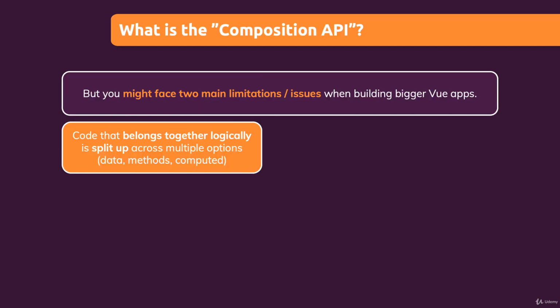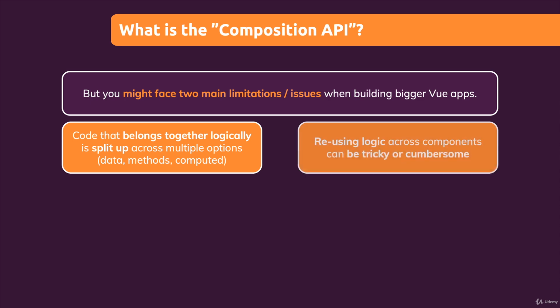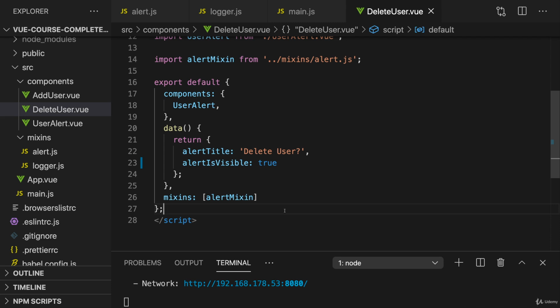And you might remember that in that last module, I already mentioned one possible downside you might face in bigger Vue apps when using the options API. So the way of building components with data, methods, computed, and watch, which we used in the majority of this course. It's a great way, but reusing logic can be tricky or cumbersome, because we use mixins for reusing logic when using that options API, and for the reasons I just mentioned, that can be problematic in bigger apps.